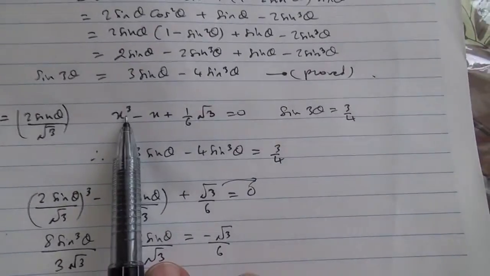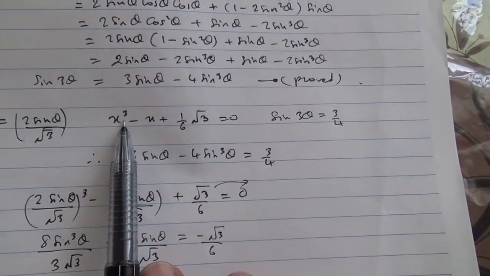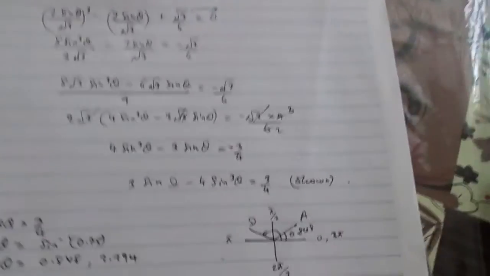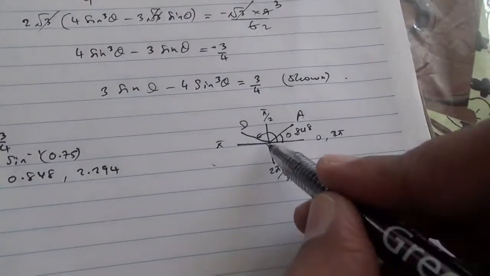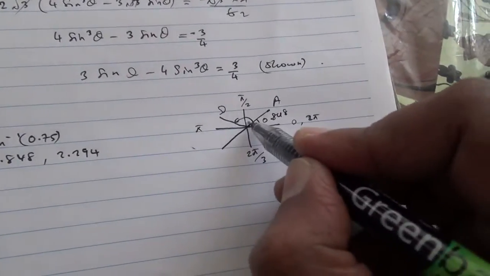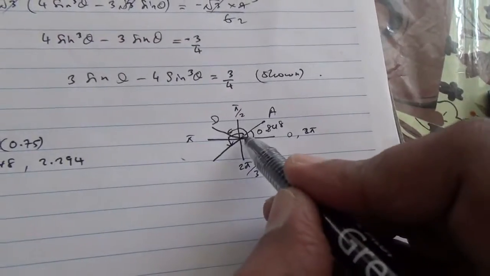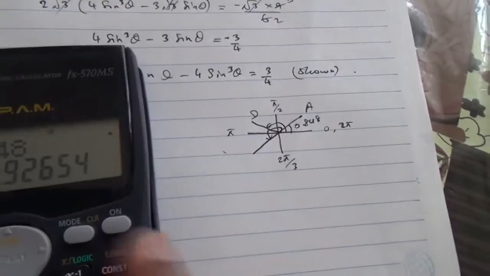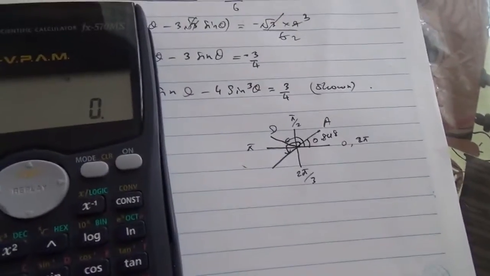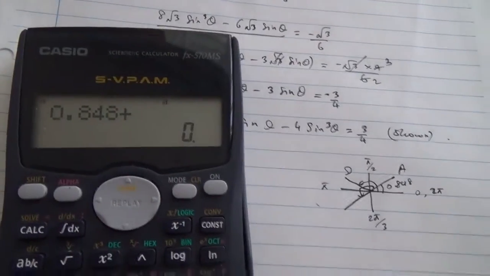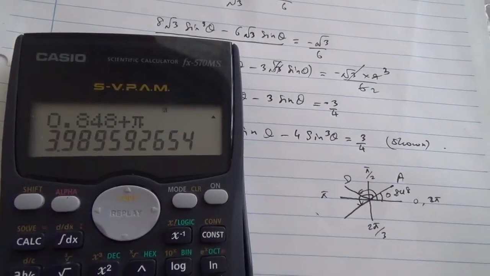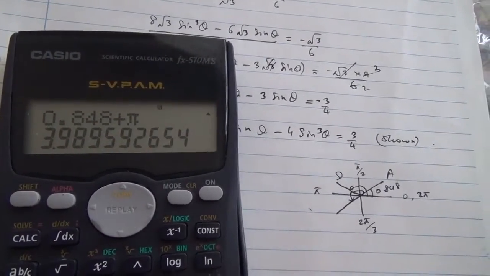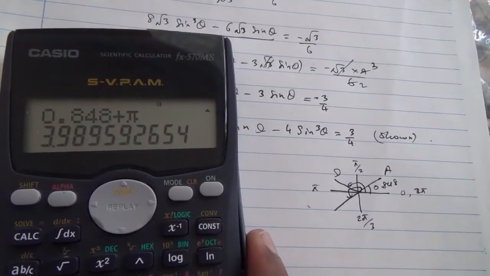So at one stage we're going to end up with a negative value of sine. When can we get a negative value of sine here? Here. So I'm going to take pi plus the basic angle. What is pi plus the basic angle? 0.848 plus pi. That's going to give us 3.989, so 3.990.